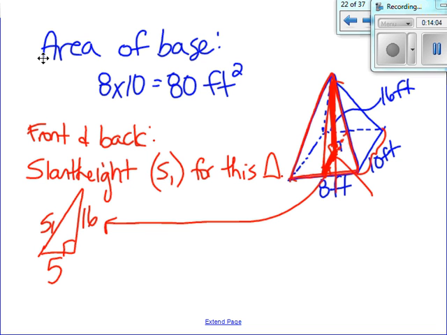So this one says S1 for just the first slant height I'm trying to find. So it's going to be S squared. All right, do I know how to solve triangles like that? Yes, I do, so let's do that. So I'm going to go 16 squared plus 5 squared. Figure out what that is.